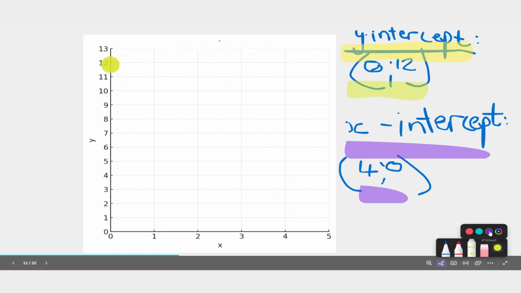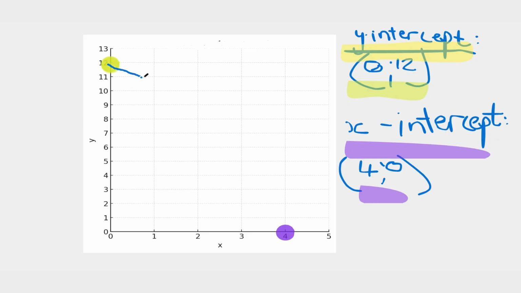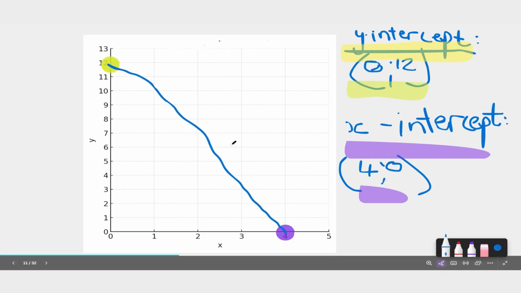Our x-intercept is at 4 and our y is 0, so here. And then we can connect them with our ruler. I am not doing it with a ruler, so mine might be a bit skew. But there you have it.